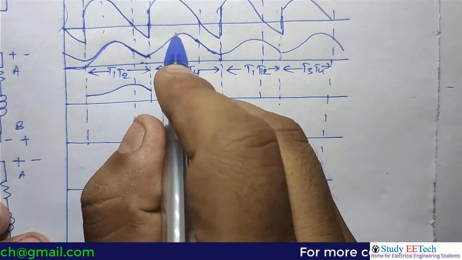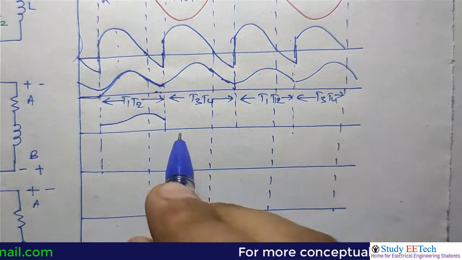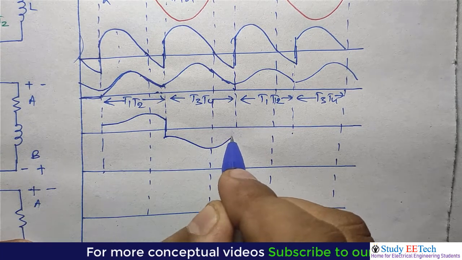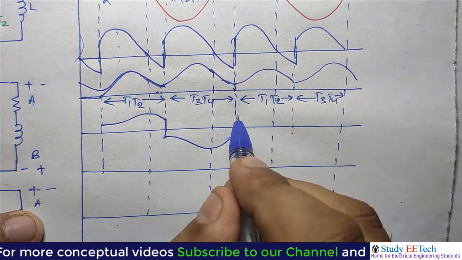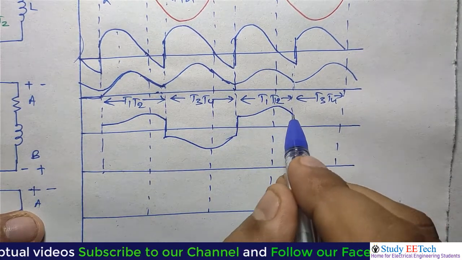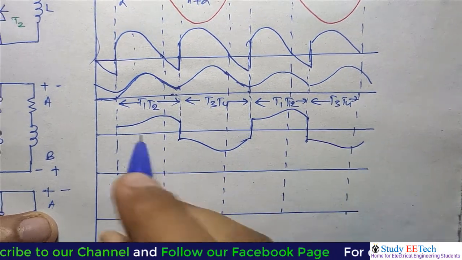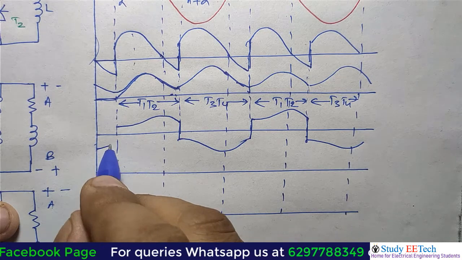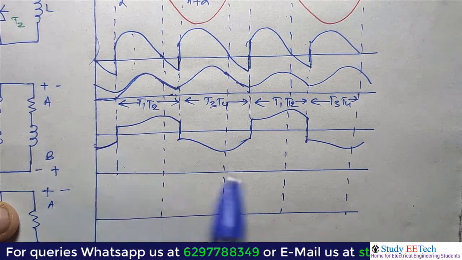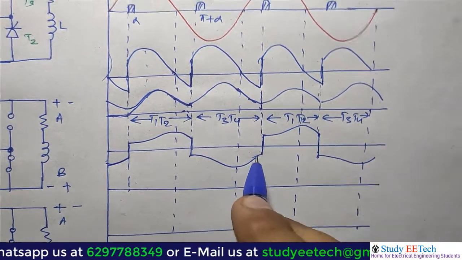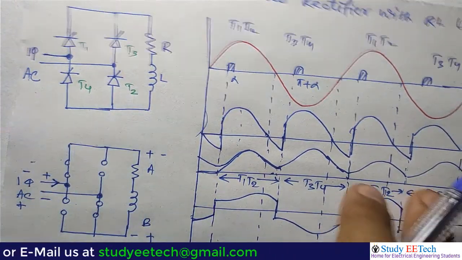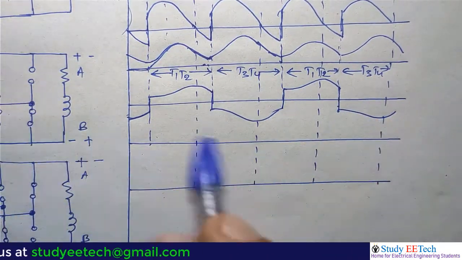Though this is a positive direction in the load side, it will be reversed in the source side, and this will go on. And here it will be something like this. So the source current is alternating, but the load current is not alternating, and that should be because of the diode connections, or the thyristor connection.